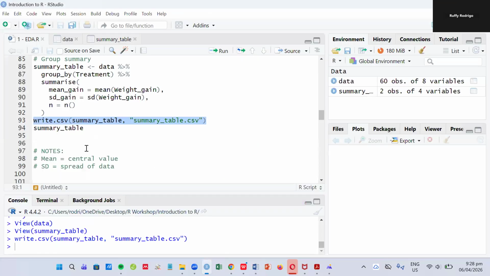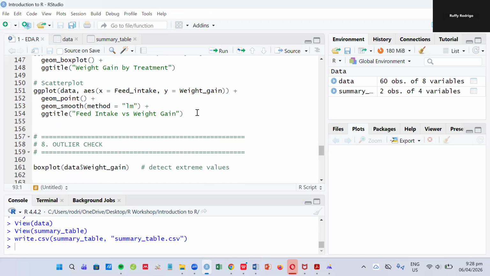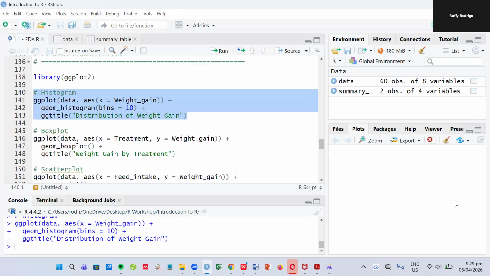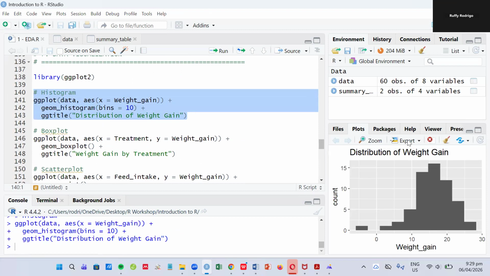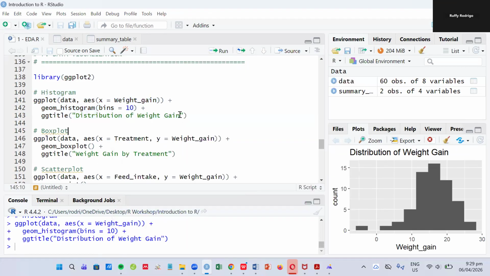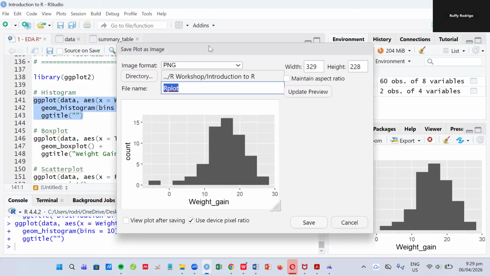Another is, again, for some kind of simple plotting, you can say I'm gonna do this histogram, and then I'm gonna export that here. I don't like the title because it's redundant, because anyway I have to put a figure caption.